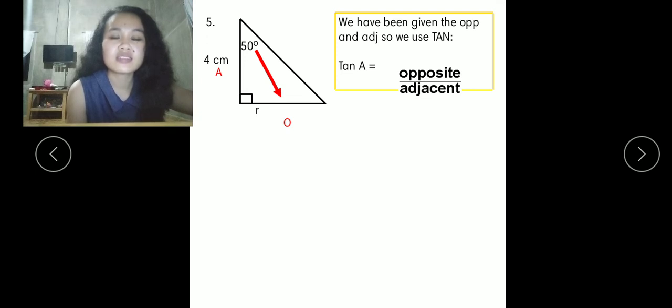So tan A is equal to opposite over adjacent. Then substitute. So we have tan 50 degrees equals the opposite, which is R, over the adjacent, 4. Cross multiply. So R is 4.8 centimeter.